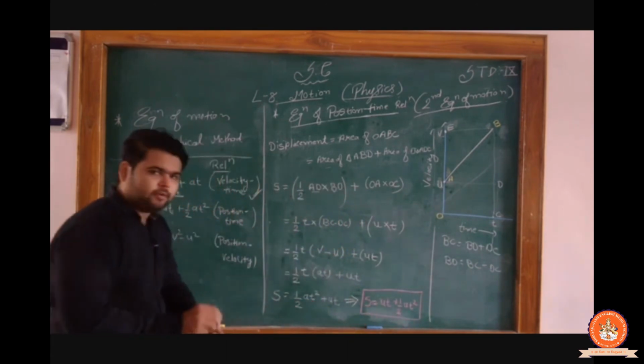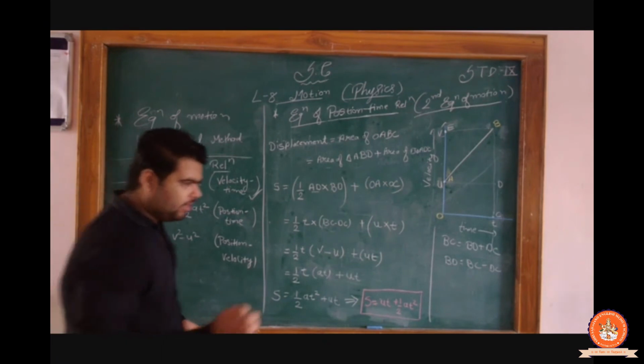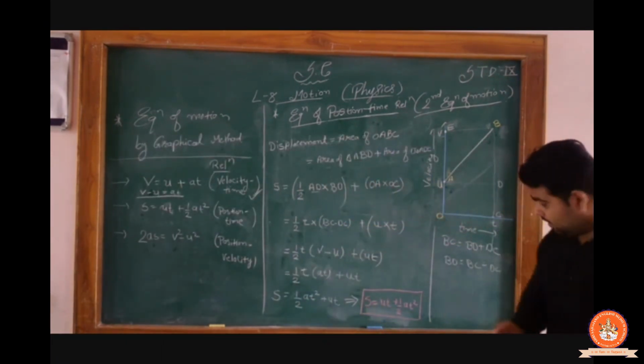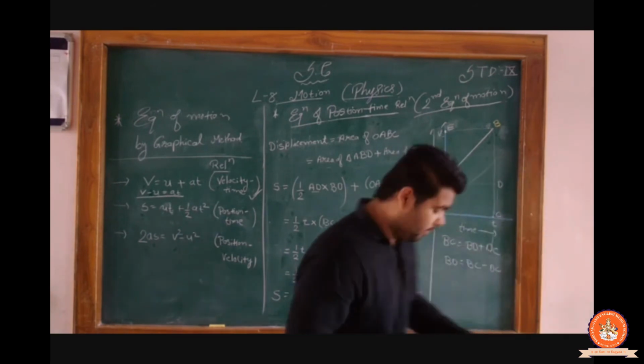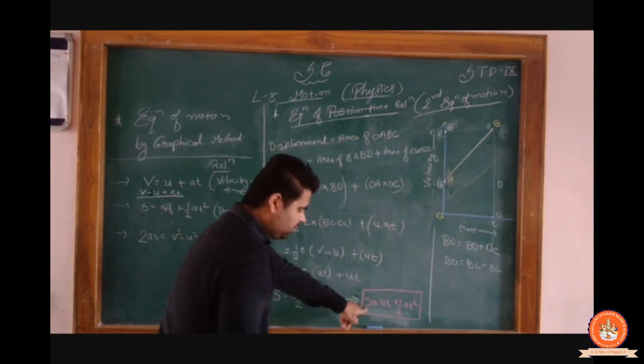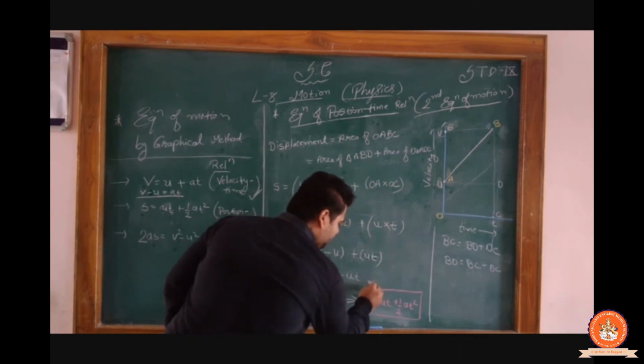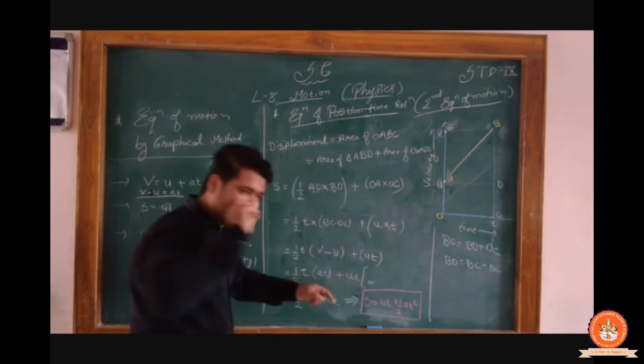And I will tell you one amazing thing here, bachawade, that the unit of all the terms is the same. The SI unit of s, displacement, is m. This is your information.